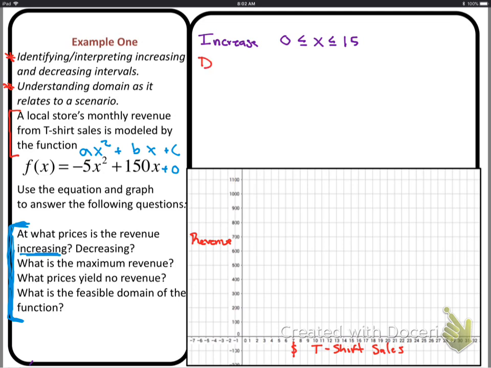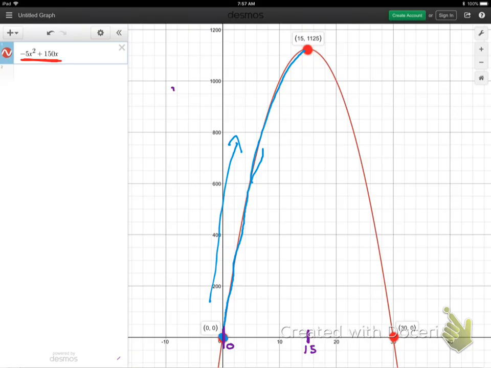And now we look at our decrease. Going back to our graph, we start looking at our descent. Our vertex is our maximum. After we hit our maximum, we start our descent, and we're decreasing. The decrease occurs all the way up till 30.